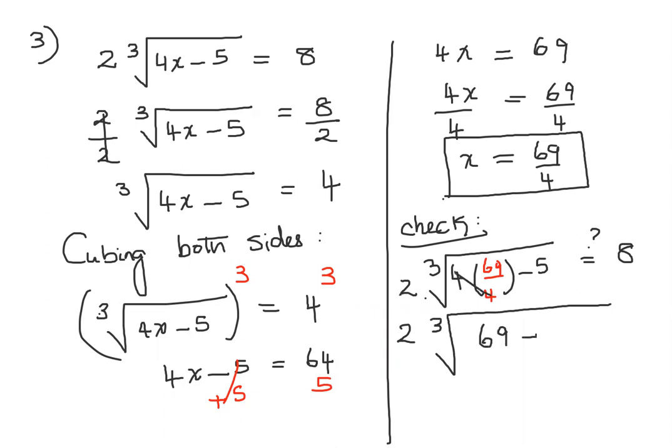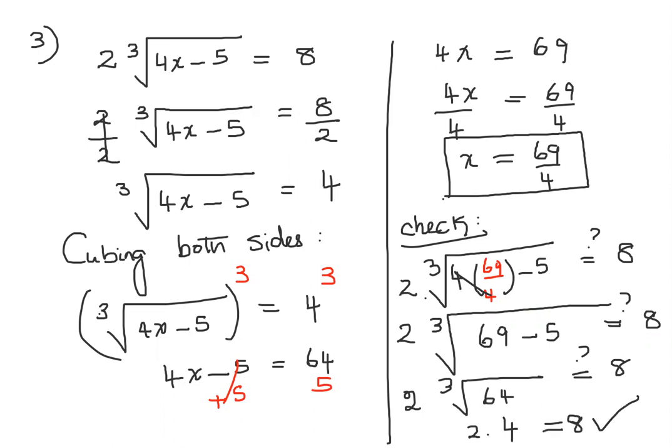So I have 69 minus 5. Is this equal to 8? So it's 2 times the cube root of 64, which is 4. So 2 times 4 is equal to 8. So this is correct. So the solution is 69 over 4.